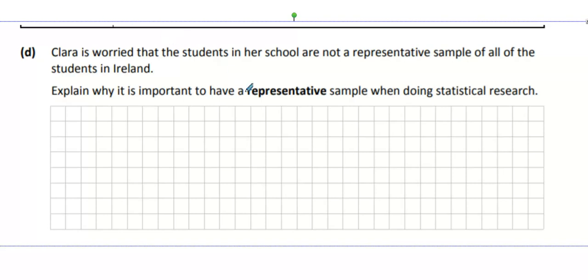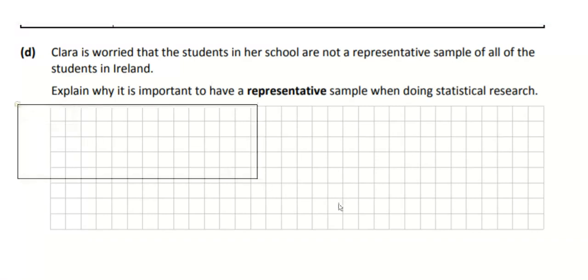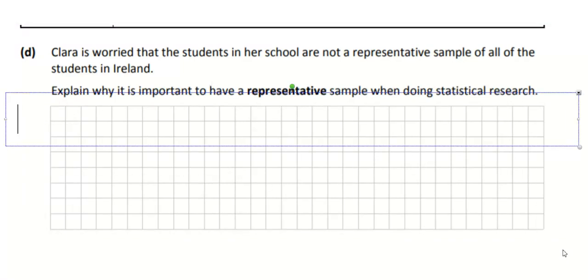Clara is worried that students in her school are not a representative sample of all the students. Why is it important to have a representative sample when doing statistical research? Okay, so maybe the people in Clara's school might be really healthy.